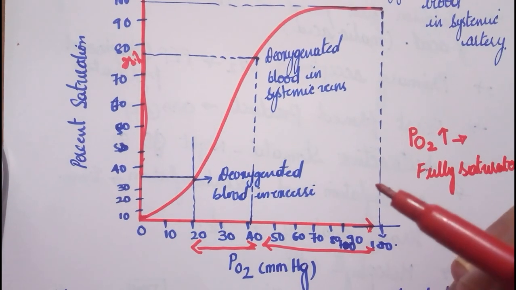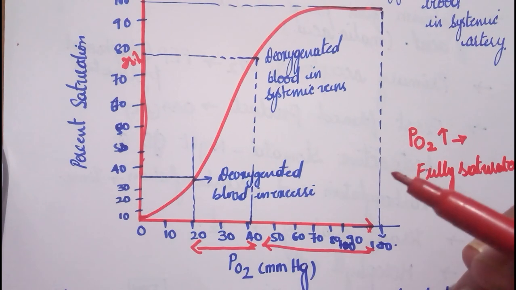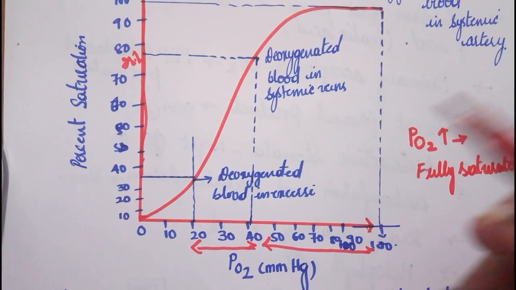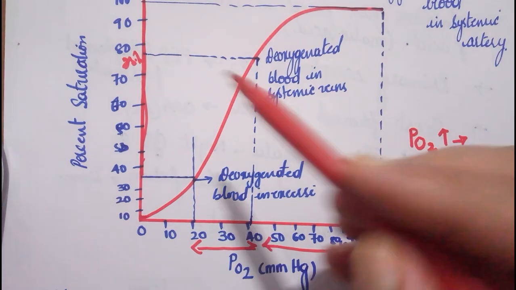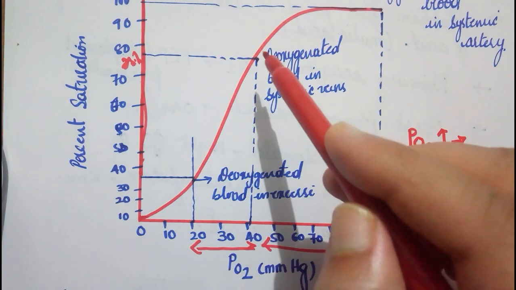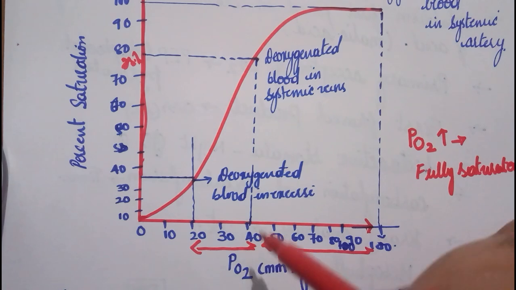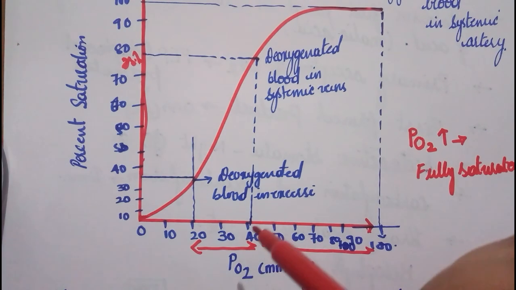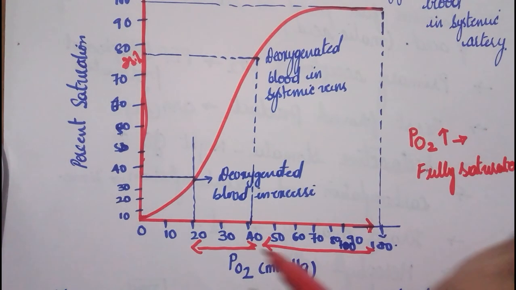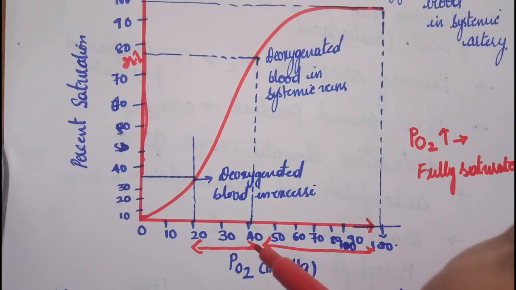Because it is giving away 1 oxygen molecule, out of 4, 1 is 25%. So 25% of oxygen is given to the tissues. 75% saturation is still there even at the partial pressure of oxygen of 40 millimeters of mercury.